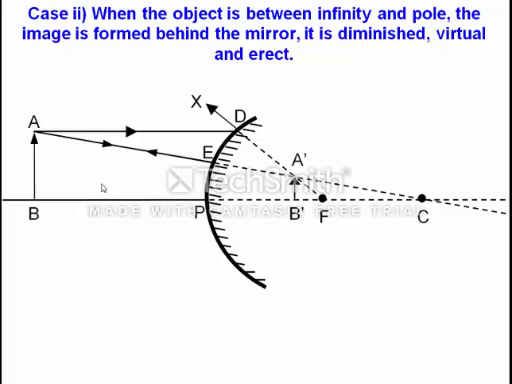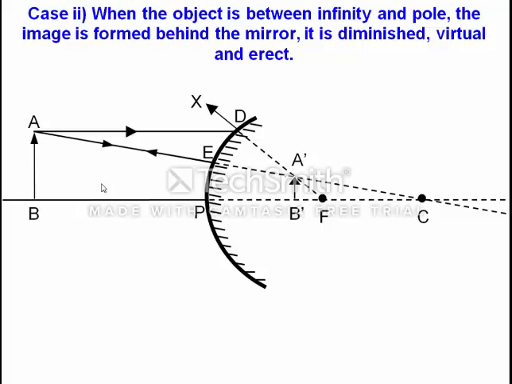If the image is virtual and erect and the image size is smaller than the object size, then it is convex mirror. And if the image is virtual and erect and the size of image is same as the size of object, then it is plane mirror.